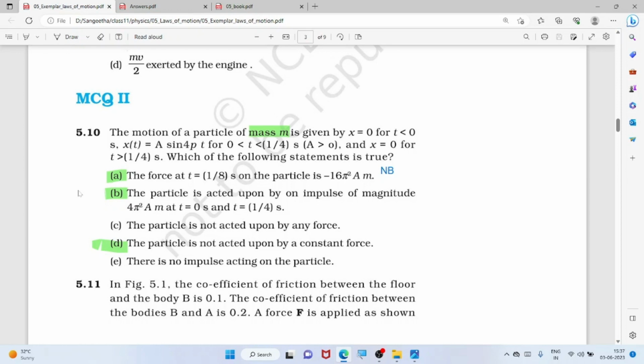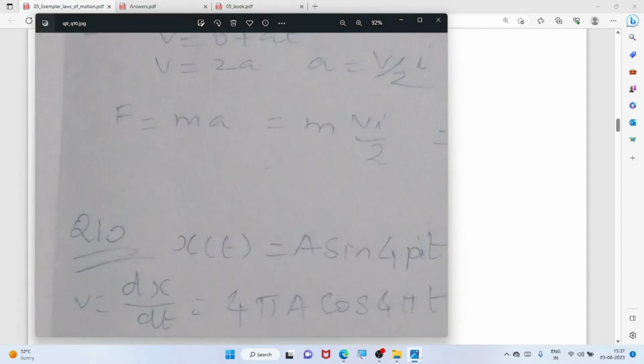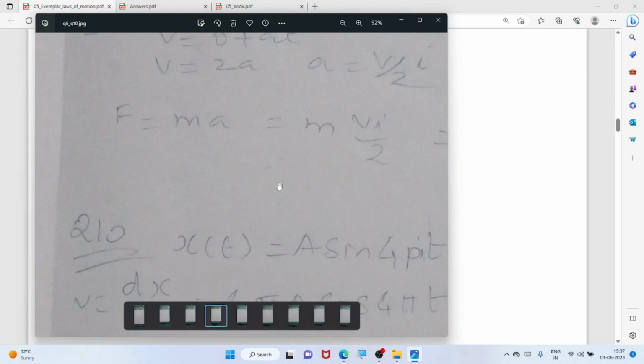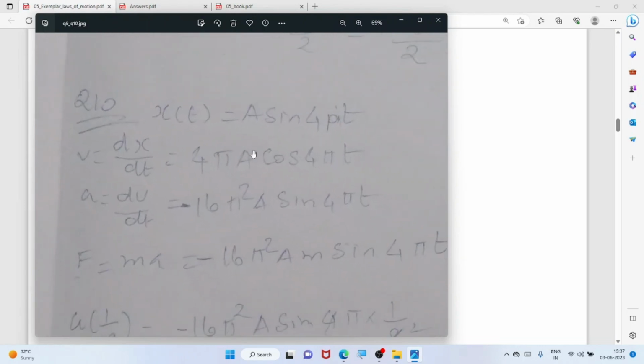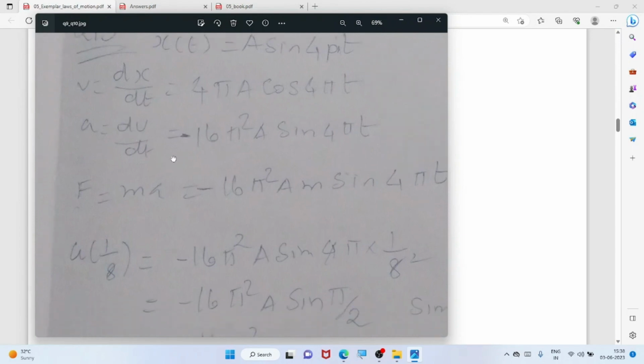The motion of a particle of mass m is given by x equal to 0 in this period, and between this period, and this. Okay, which of the following statements is true? 5.10. Okay, they have given x of t, so we are doing the differentiation to find the velocity, and we are doing one more differentiation of that velocity to find the acceleration.